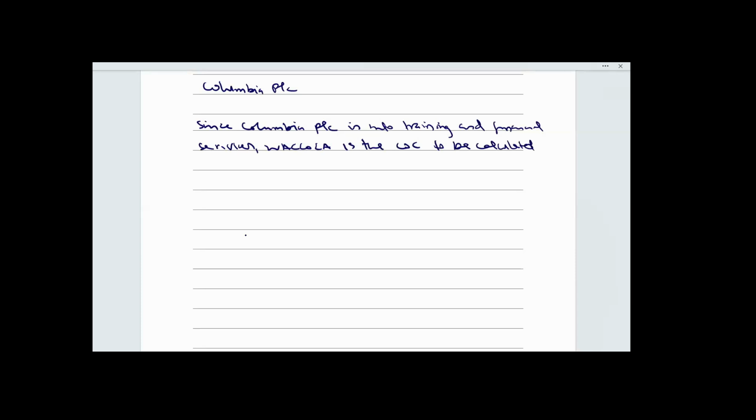Remember, if a company is diversifying, that's only when you calculate project specific. So the key thing to look out for under WACOCA is if the company is engaged in several activities.